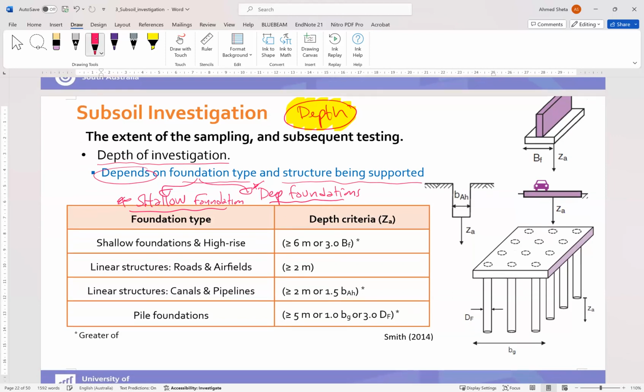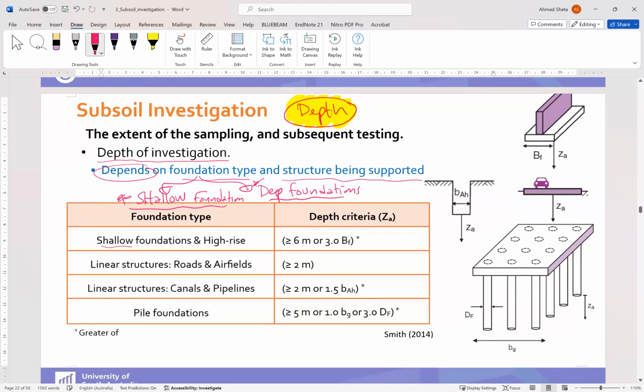For example, if we have shallow foundation or high-rise building, the depth will be more than 6 meters or 3 BF, where BF is the width of the footing. This footing type is called strip footing, and it is one of the shallow foundations we have.